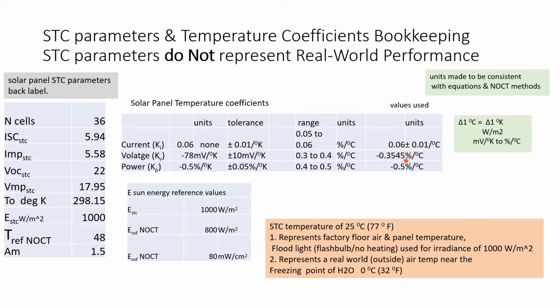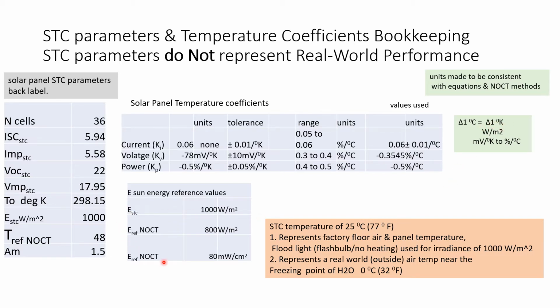I translated millivolts per degree Kelvin to degrees C. And I could do that because this is being multiplied by a temperature difference, and a delta of 1 degree C is equal to delta 1 degree K.